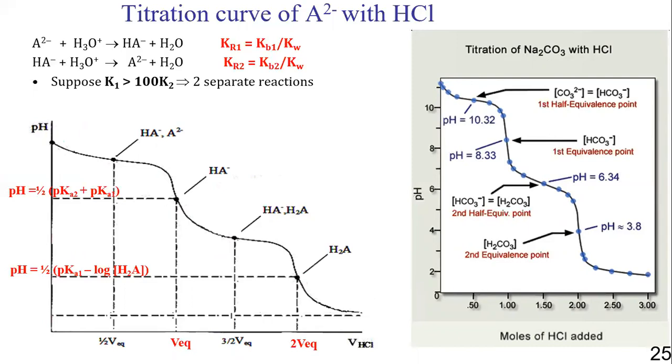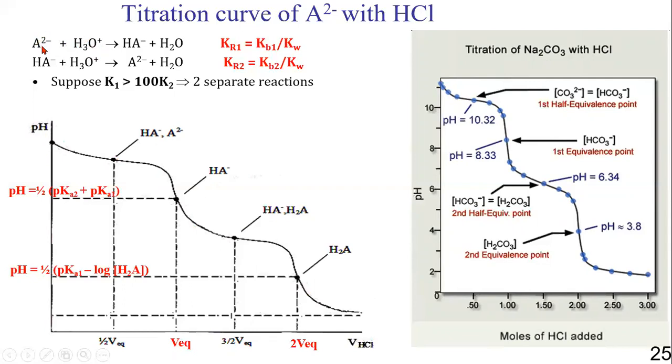This is a di-base calculation. And when I have a di-base initially, if I look at the graph, it's going to be at a high pH, and then pH will decrease. And here I'm titrating an A2 minus with HCl, which is simply H3O plus.